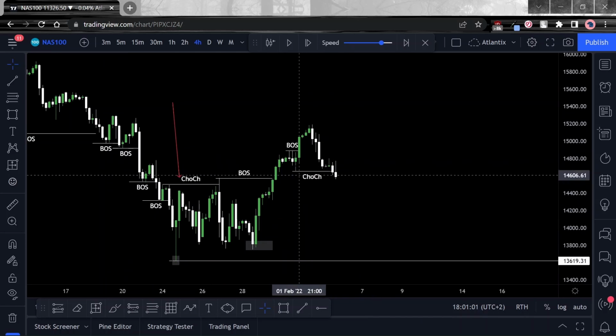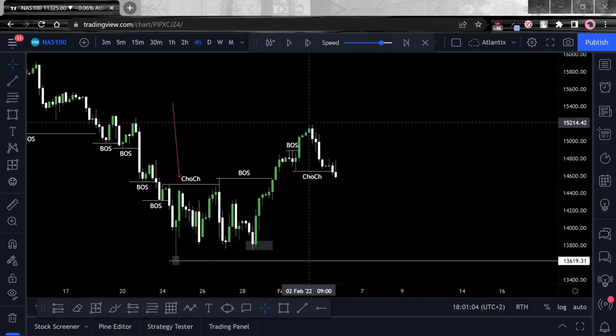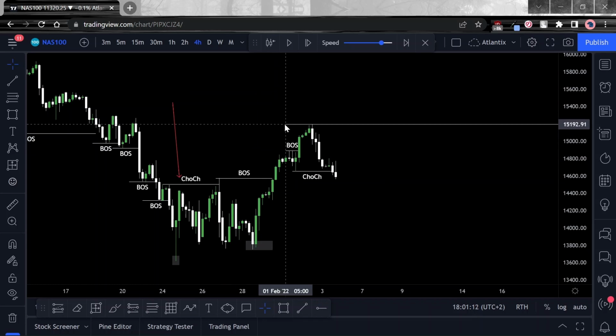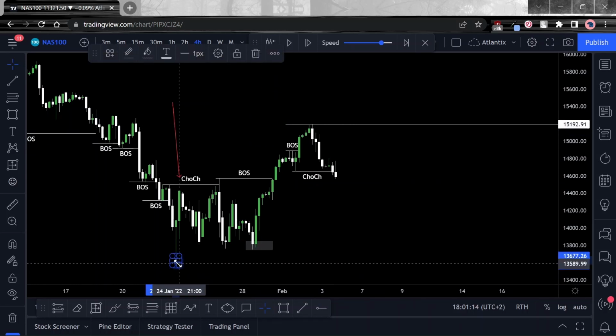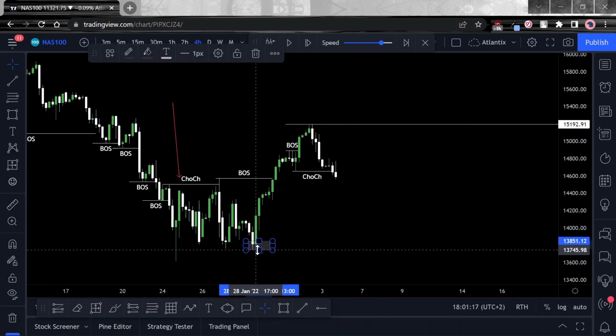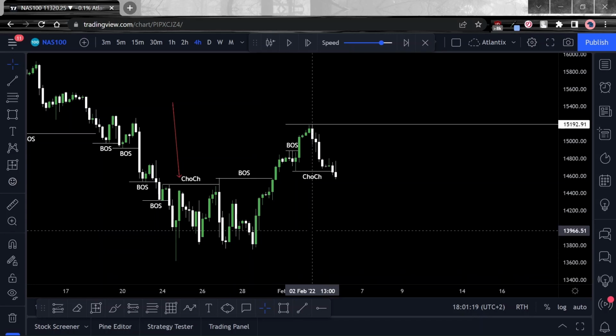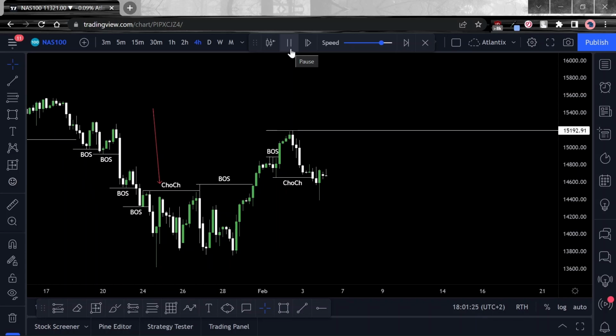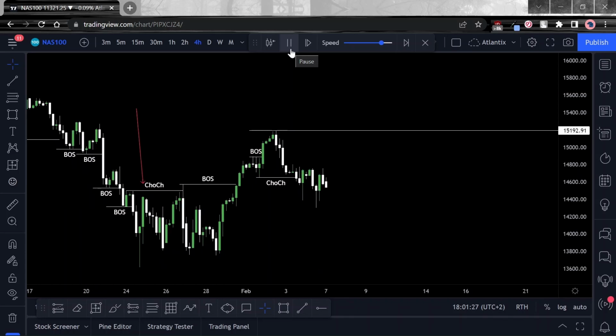Which may signal that the trend might have changed. So we want to see a lower high, a high that is lower than this one. Let me just use this line. A high that's lower than this point over here to show us that price may have gone back to being bearish, okay? So let's just play price and see what happens, right? Now we're beginning to see a pullback.